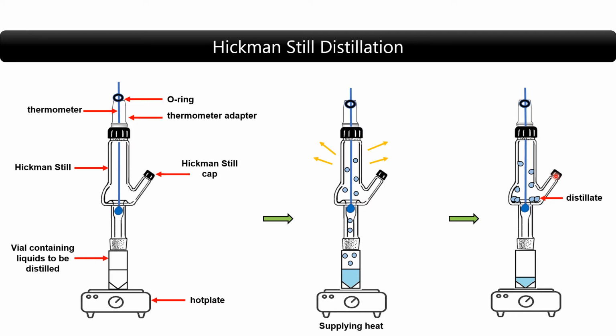We can take off this little cap, insert a glass pipette inside, and draw out this distillate and store it in a separate vial. If this mixture had multiple components of liquids, then we can distill multiple times and collect several distillates that we can label as different distillate fractions.